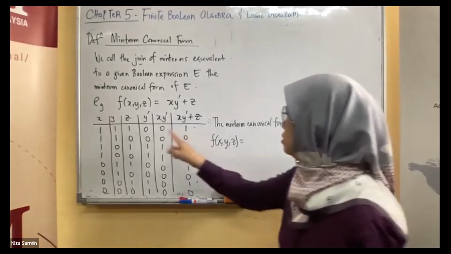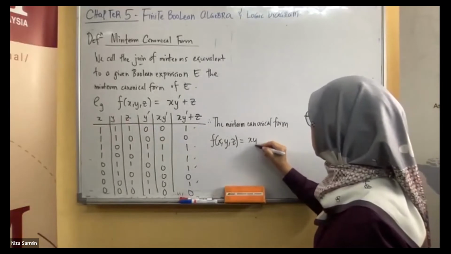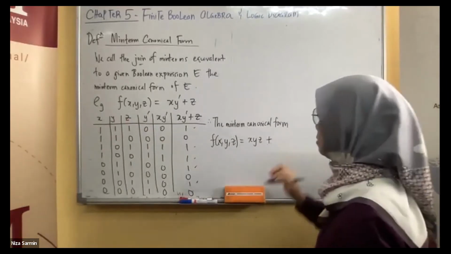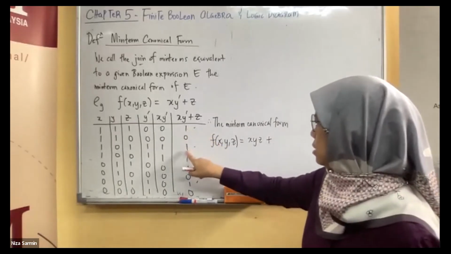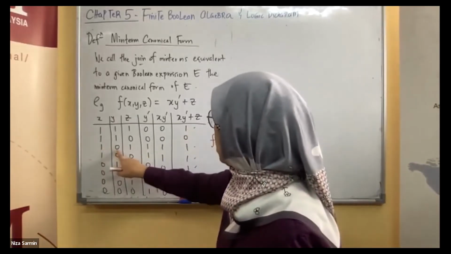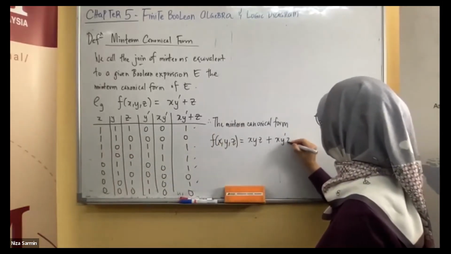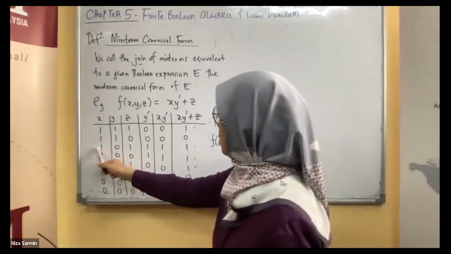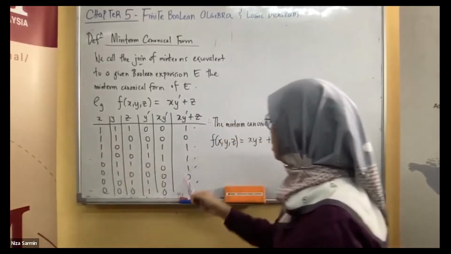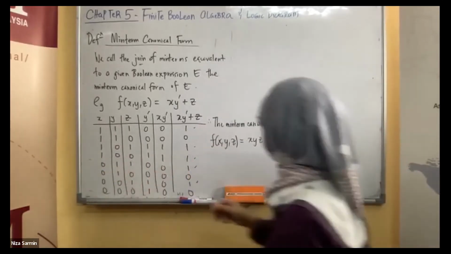So for the first one, you take X, Y, Z. For this one, X, Y prime, Z. For this one, X, Y prime, Z prime.